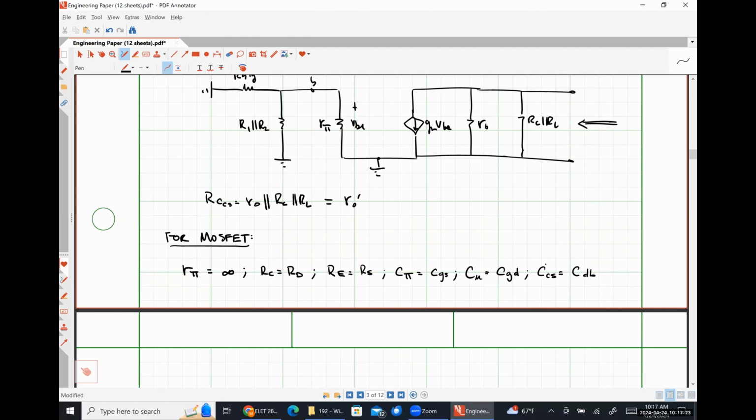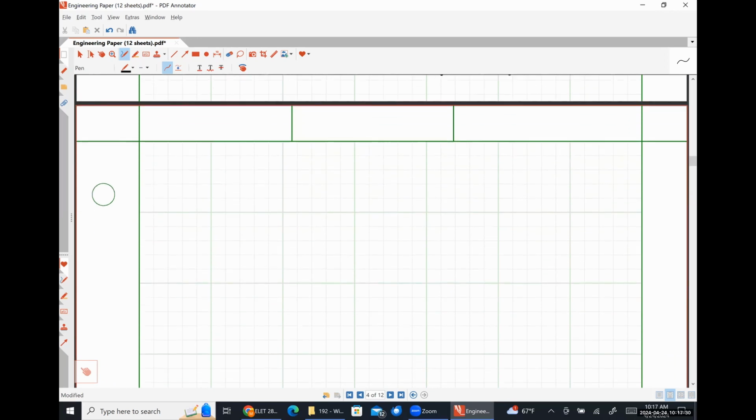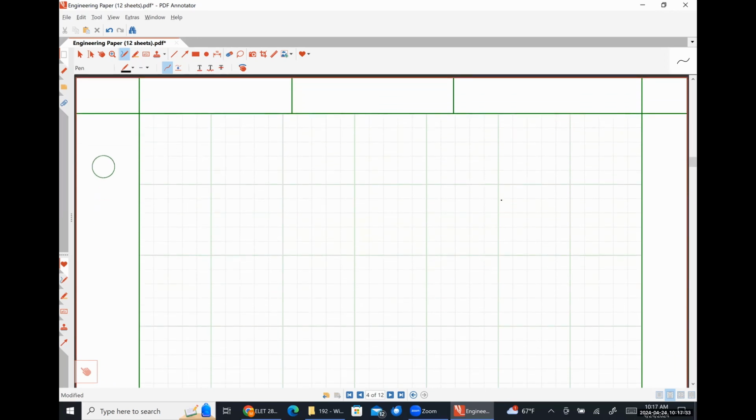So let's look at the common base amplifier and just get started on this. Definitely will not have time to finish. So as a refresher, our fully biased common base amplifier is going to look something like this.